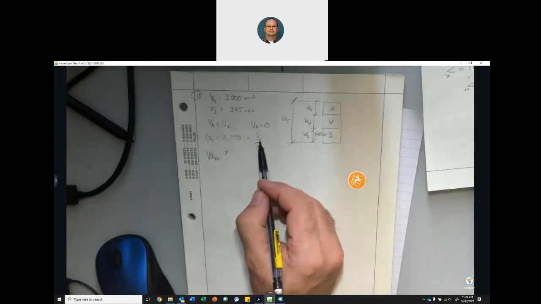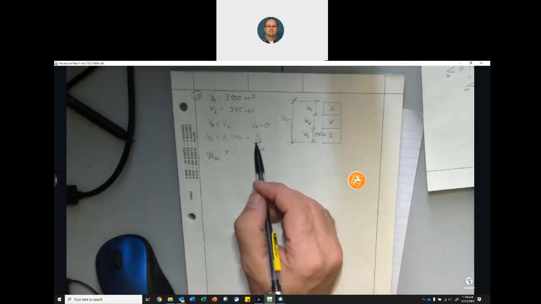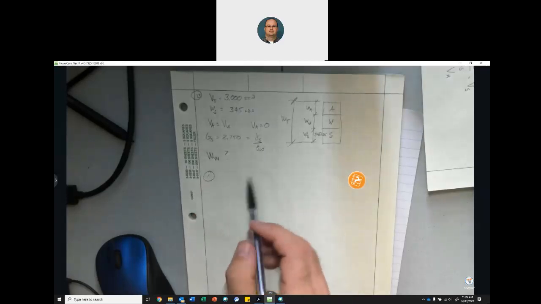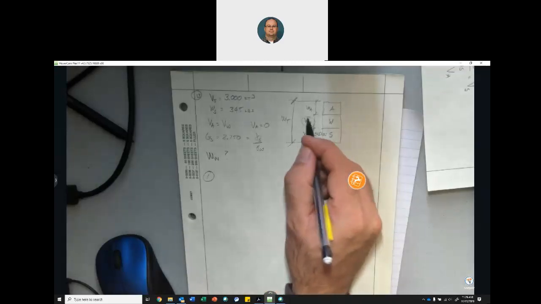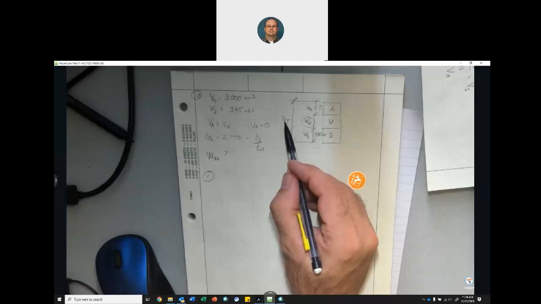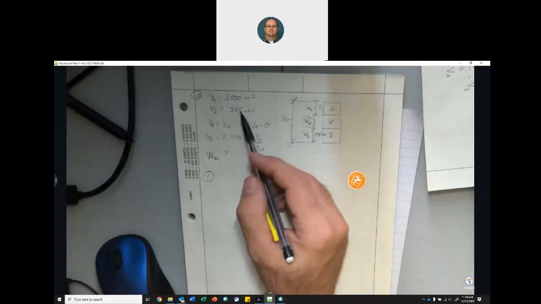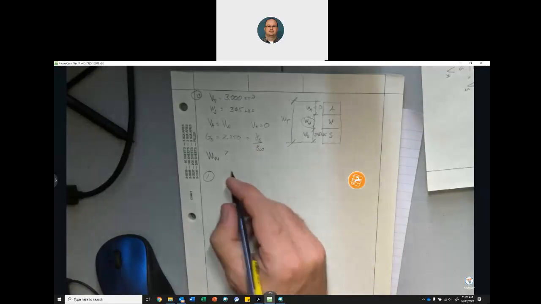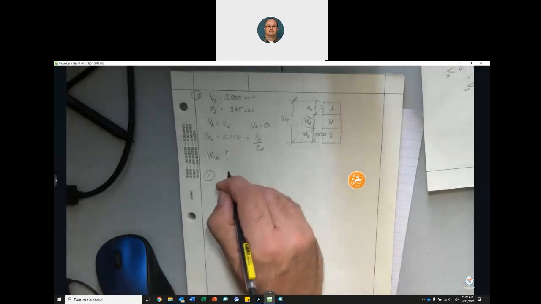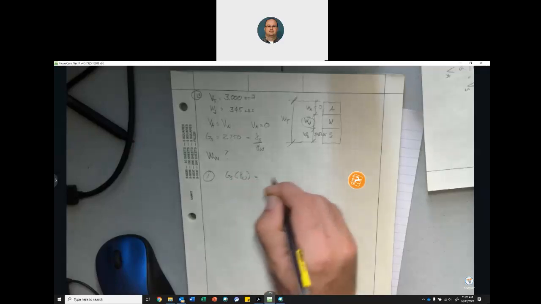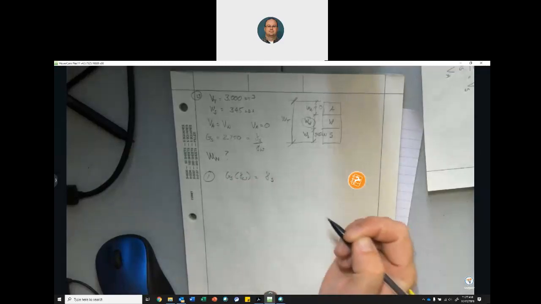So step one in the solution, because I'm looking for this term. We know this equals 0, but I don't have a total weight yet, do I? And I don't give you a water content. So the only thing I can work with is the specific gravity. So Gs times the unit weight of water equals the unit weight of solids.